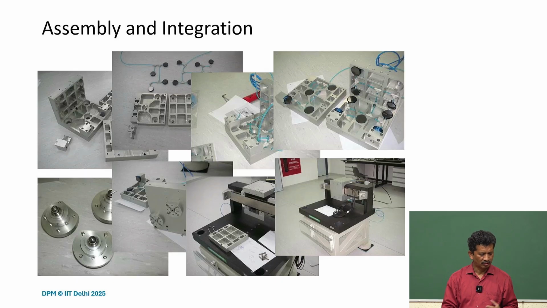So the good thing was, once the design is done, I can just give the part drawings to the manufacturer, and they can come up with all these parts in time with very good tolerances. So it was very easy to work with.